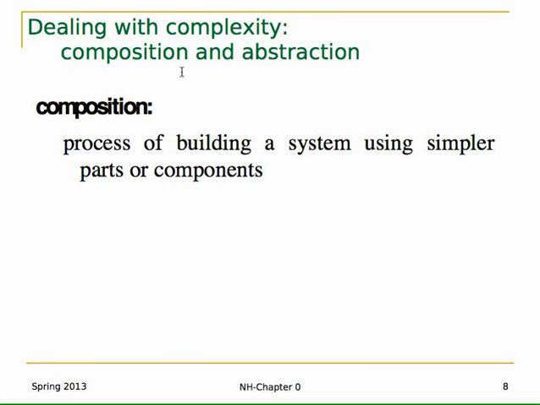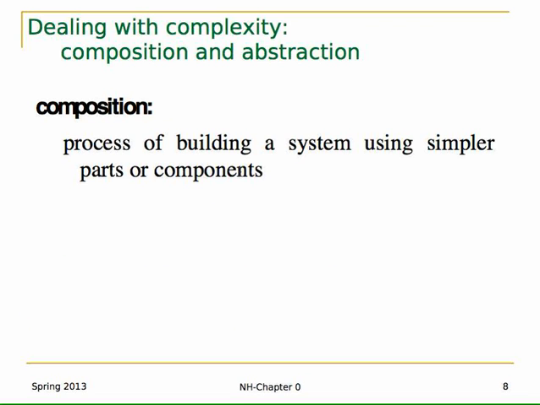So two of the things that we can use are composition and abstraction. Composition is the process of building a system using simpler parts or components. Right now we're just setting up simple classes that have as data members maybe an int and a double, things like that.